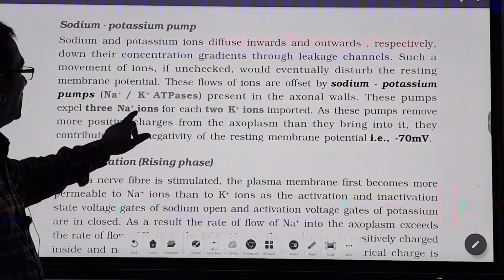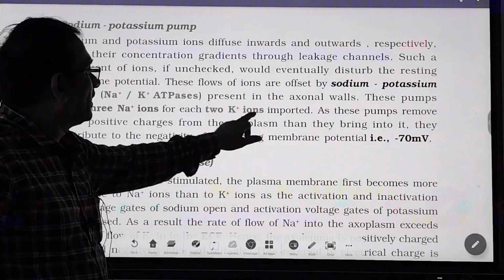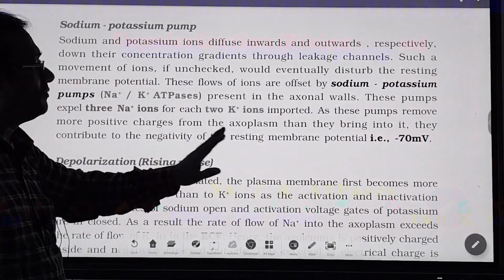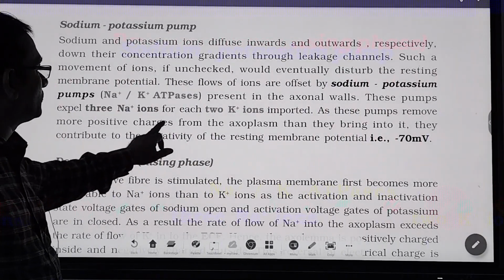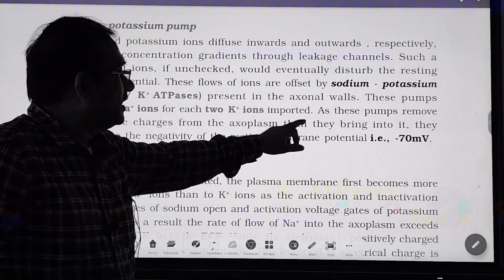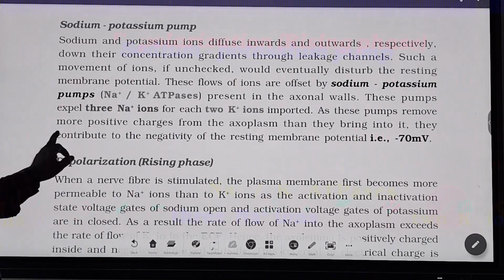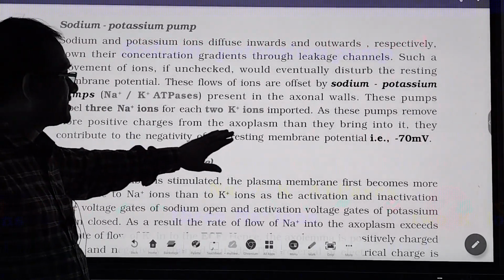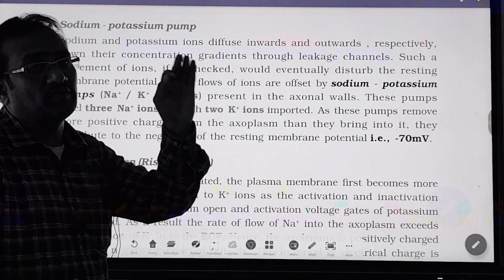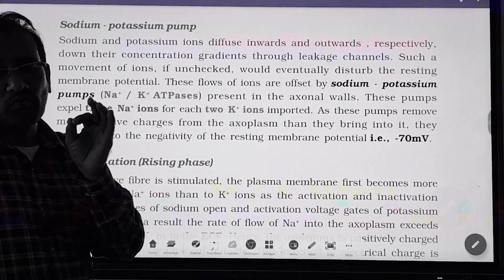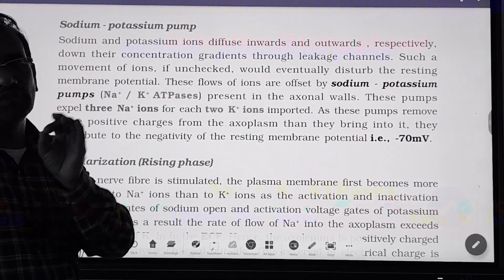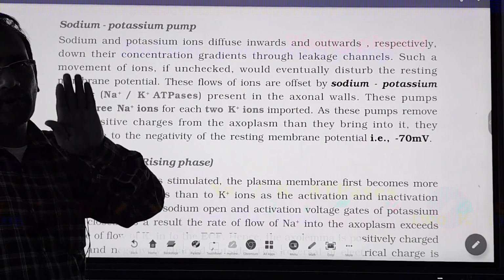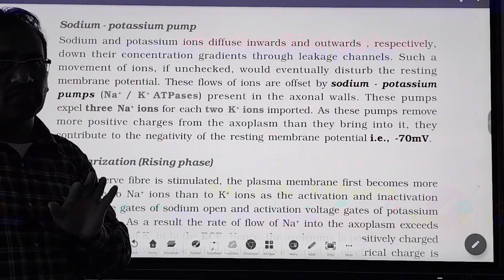So 3 sodium ions are removed for each 2 potassium ions imported. As these pumps remove more positive charges from the axoplasm than they bring into it, they contribute to the negativity of the resting membrane potential, that is minus 70 millivolts. So to maintain minus 70 millivolts, it is necessary to maintain the proper movement of the sodium and potassium ions.